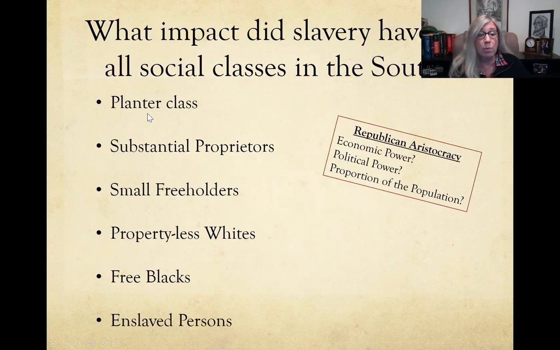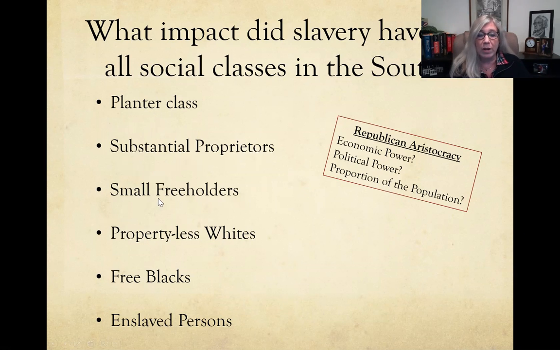The very large slaveholders would have this really small percentage at the top of the population. When we say substantial proprietors, we're talking about people who would own significant land holdings, also own slaves, also be promoting or producing cotton, but not to the level that those planters would. The planter class would be like 100 or more slaves.